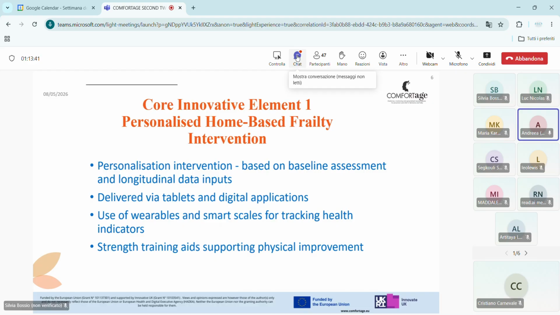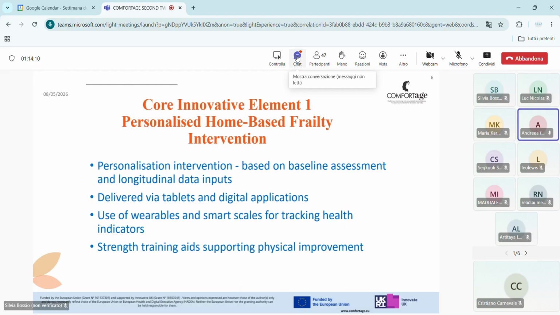What's important to note is that we don't allow digital changes of these intervention programs. So we will take into consideration the data that we collect from participants at home, but any change in the intervention would only be decided by the medical staff at reevaluation.